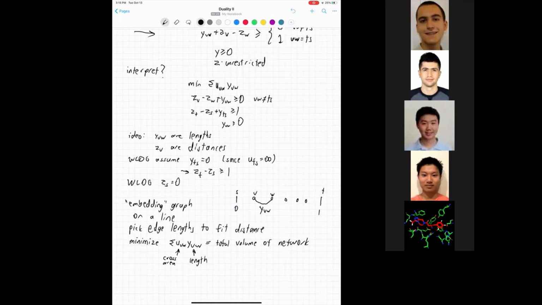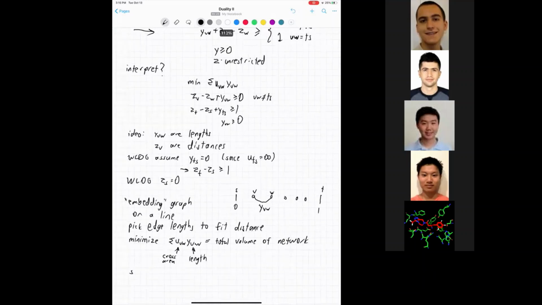Well, suppose that you send F units of flow from S to T. And here again, a unit is a cross-sectional area of that unit of flow.